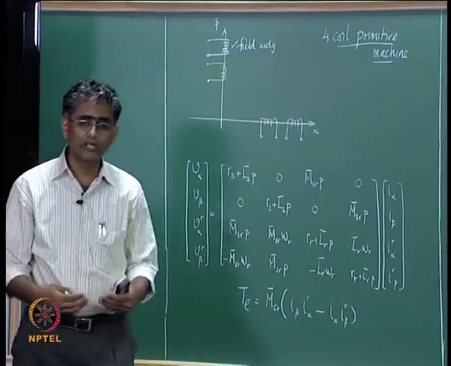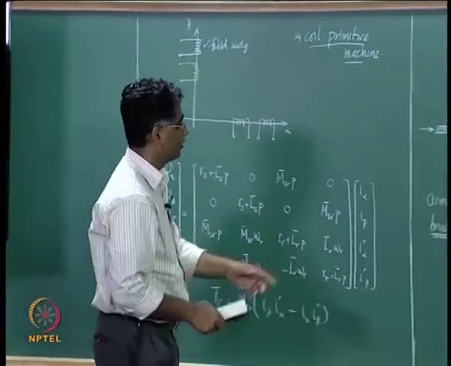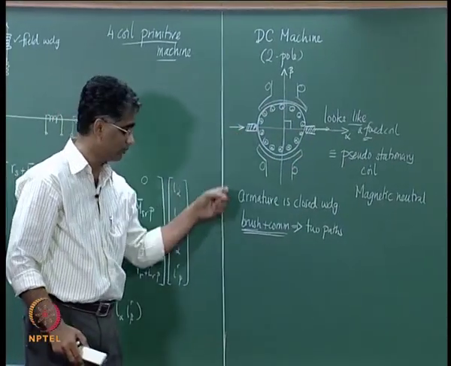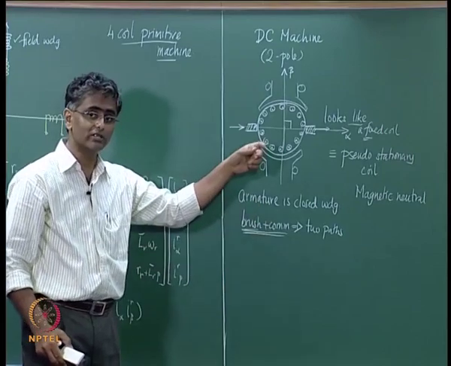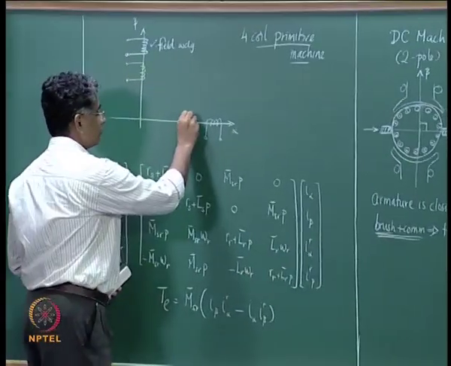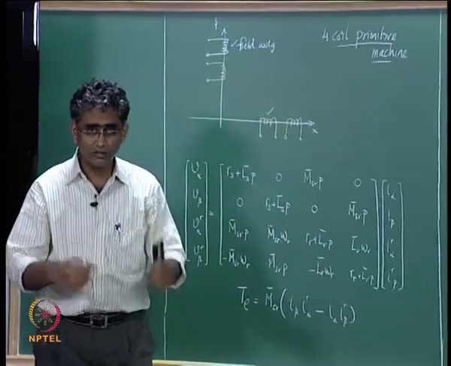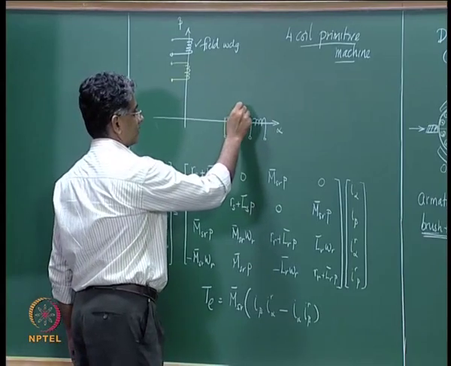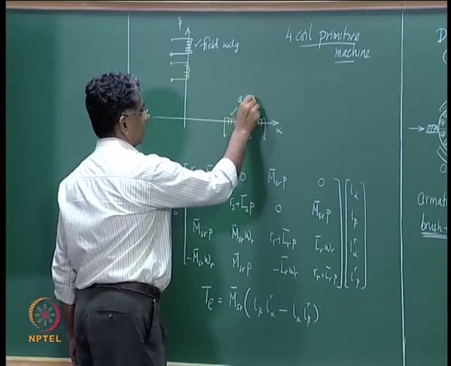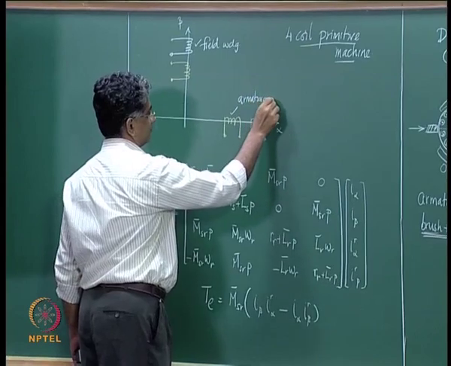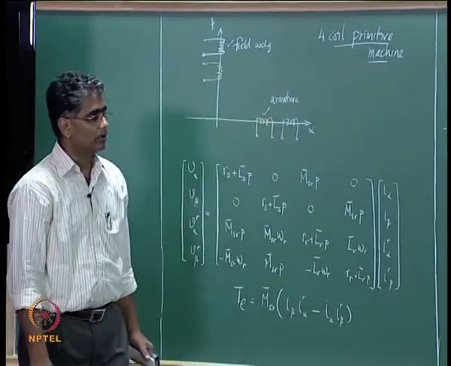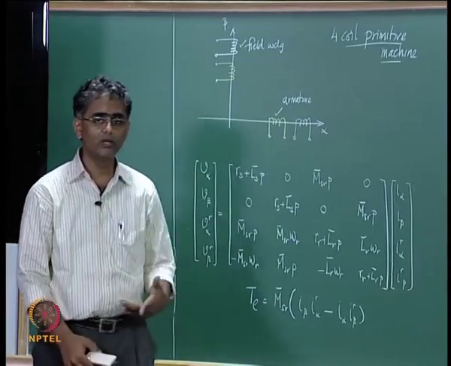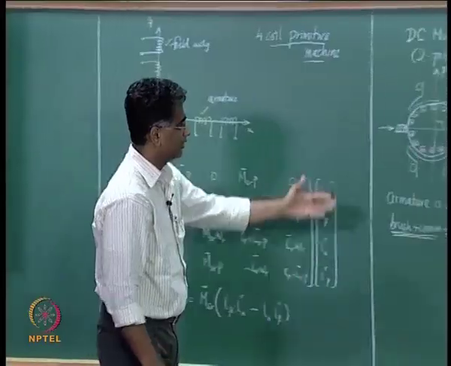The armature of the DC machine, which is actually there on the rotating member of the DC machine, because of the way the brush commutator arrangement is placed, it looks like a pseudo stationary fixed MMF, and this therefore would represent the armature of the DC machine. So, we can see that this description can be used to describe a DC machine.